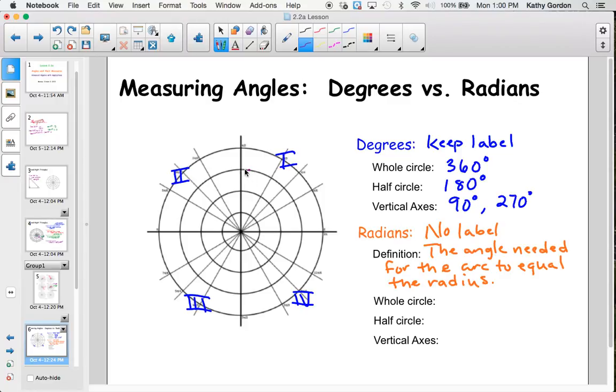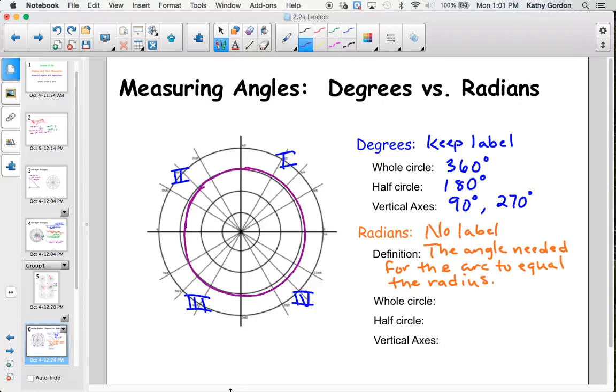Okay, so we're going to use this circle right here. So the radius of this circle is right there. Everybody agree with that?